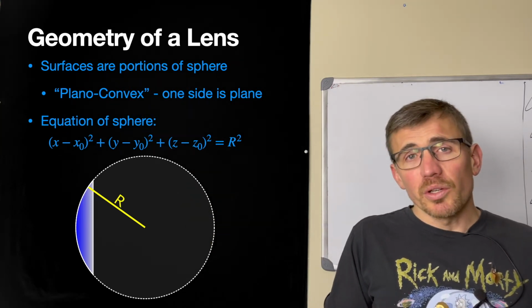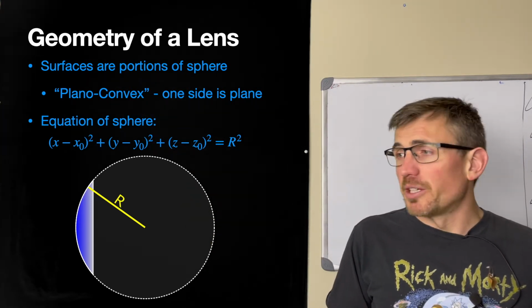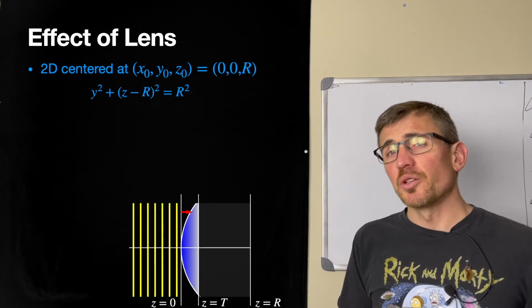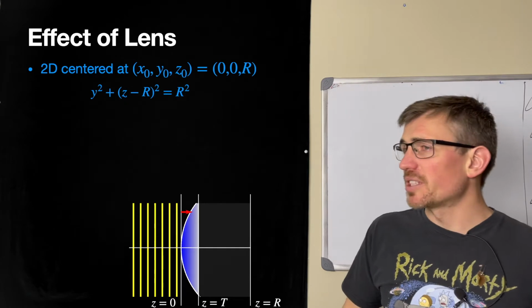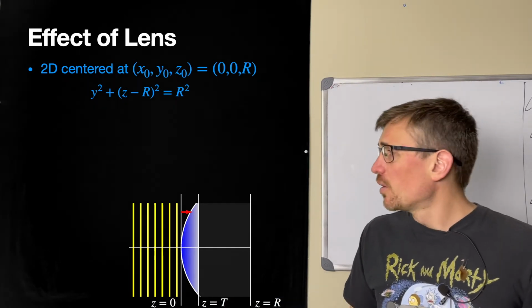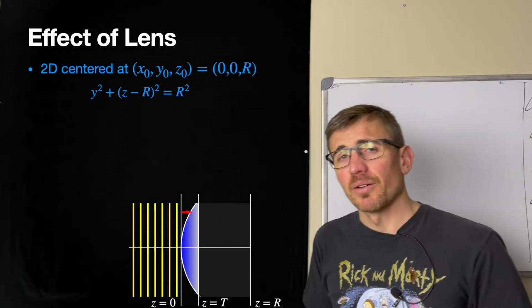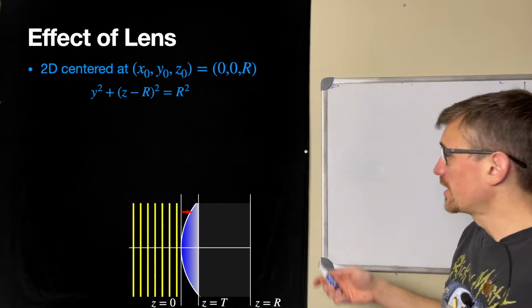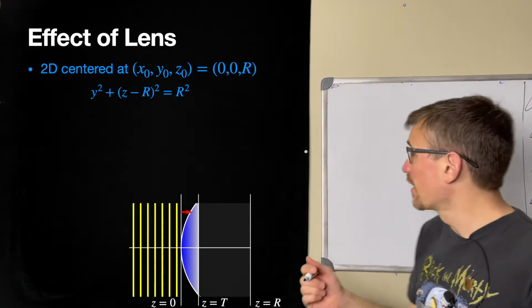As usual, we're going to work in the paraxial approximation. We'll let the distance be along z, and we're effectively making this a two-dimensional problem, so let's say x is equal to 0 for now. Y will be up and z will be this way. We can therefore write an equation for how far we need to move along the z-axis before we hit the lens.